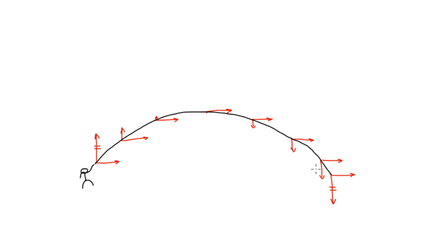And this is all because of the acceleration due to gravity, which is constant and always acting towards the Earth. So these acceleration vectors are always the same length, always acting down towards the Earth.